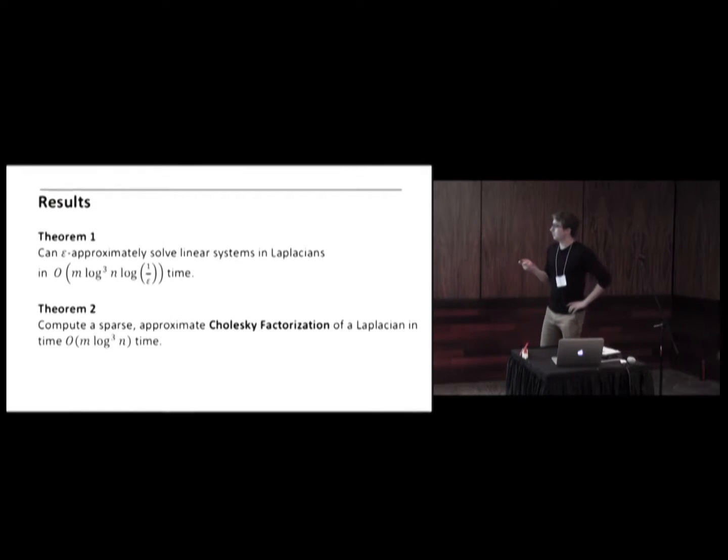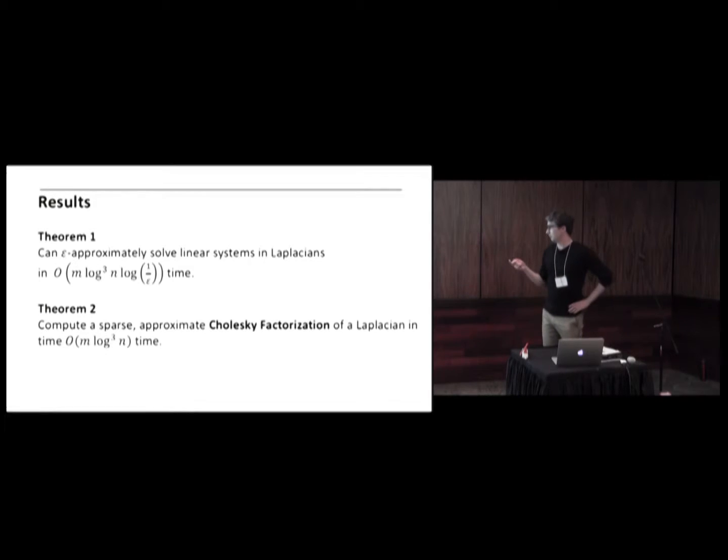So what do we show about Laplacians? We show that you can epsilon-approximately solve linear systems in Laplacians in m log cubed n log 1/epsilon time. But something like this was already known. The real point is that we give an incredibly simple algorithm that achieves this. And our algorithm is based on our second theorem, which says that you can compute a sparse approximate Cholesky factorization of a Laplacian in m log cubed n time.